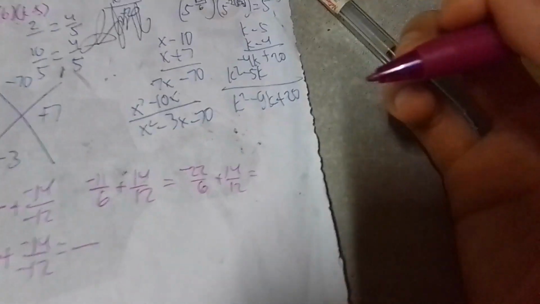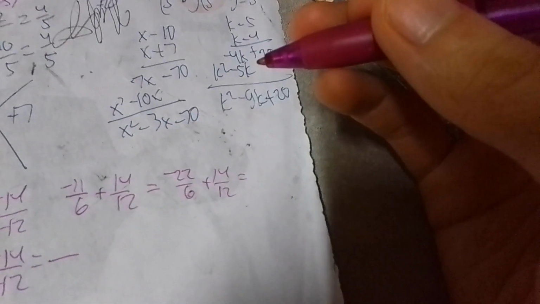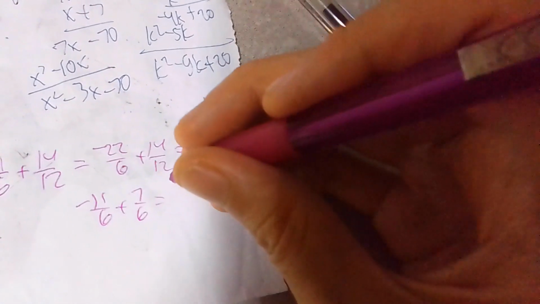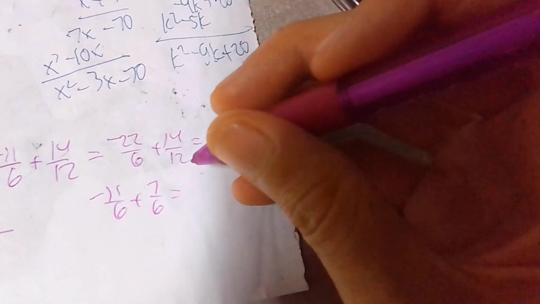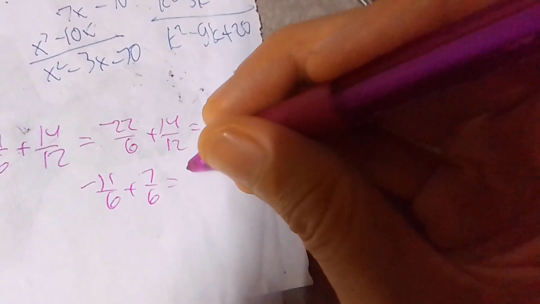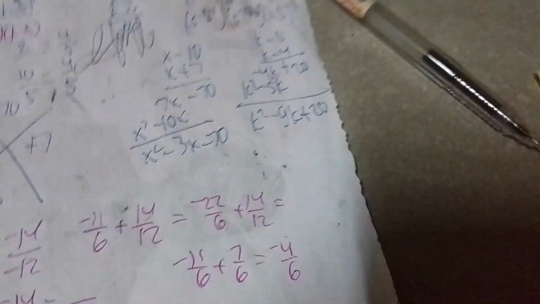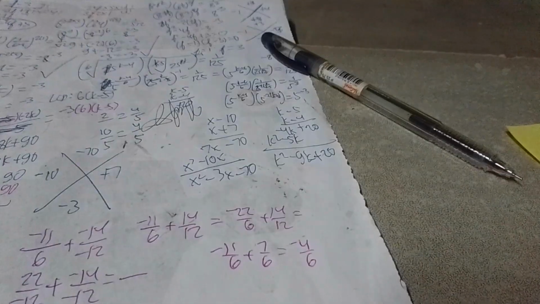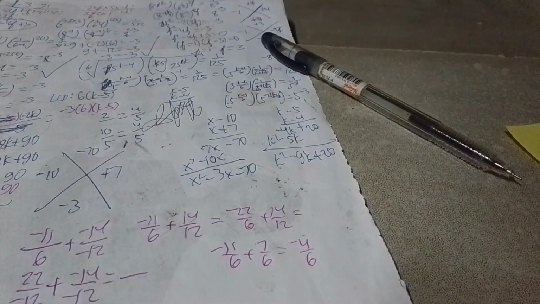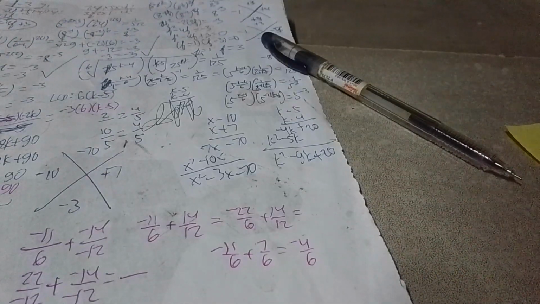Or actually, you can simplify this, make 14 over 12 into 7 over 6, right? That's 2/3, which was not the answer that we're supposed to get.